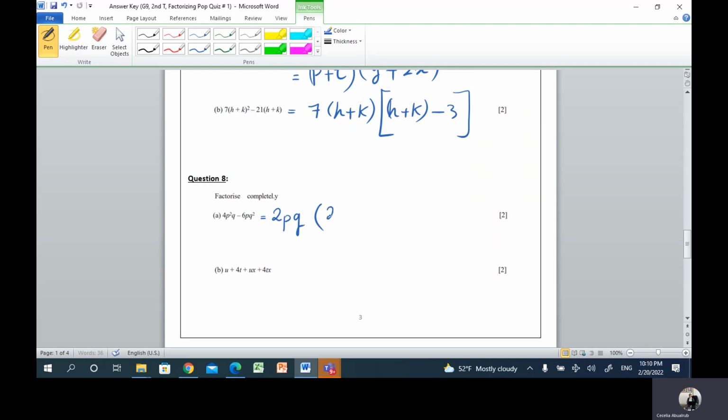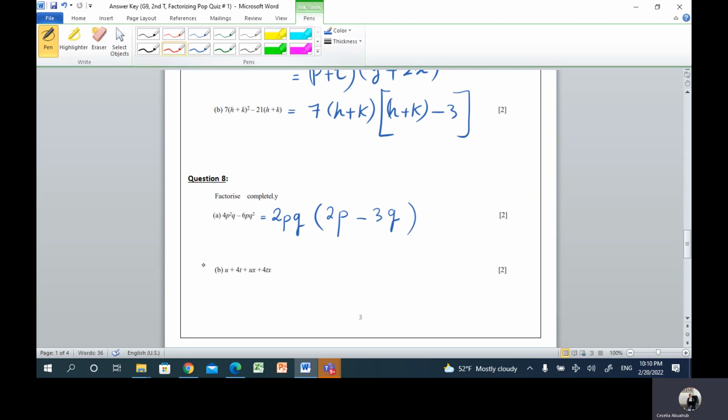So it will be 2p, because 2pq times 2p will get us back the 4p squared q, minus 3q, because 2pq times 3q will give us minus 6pq squared. And now our factorizing is complete.